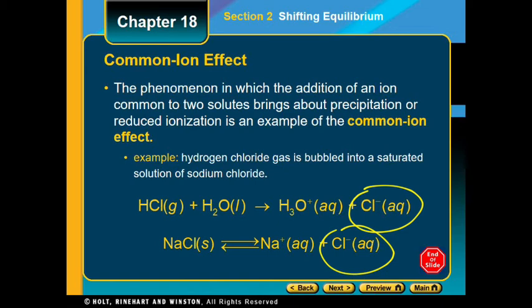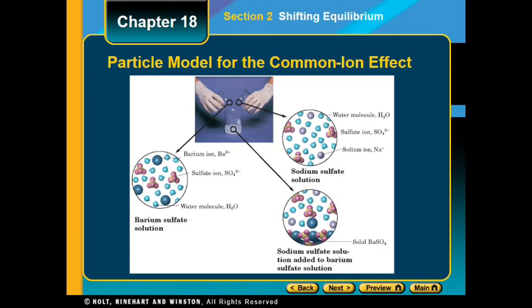hydronium ion. In this reaction right here, again, talking about the common ion effect, if we're looking at our two reactants, they're both in solution because it's barium and sulfate ions in solution on the left, and then you've got your sodium and sulfate ions in solution on the right. But when those two come together, sulfate is our common ion that we have with both of these, so sulfate is the common ion.